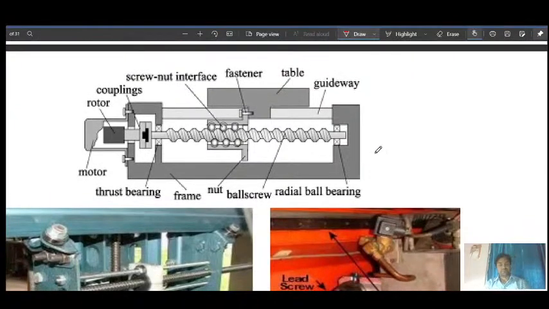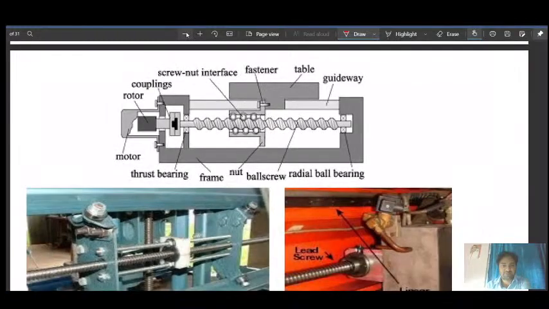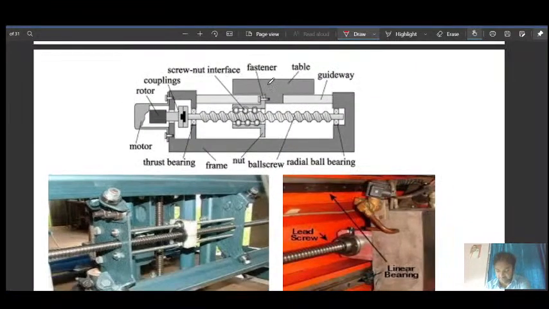So how does it move the table? As you can see, let me reduce it a bit. We have this table, and then here on the lead screw we have this.